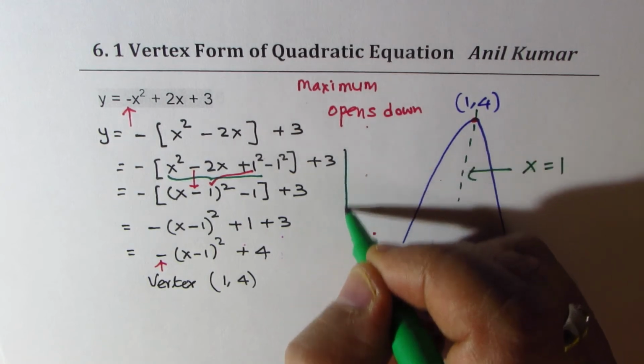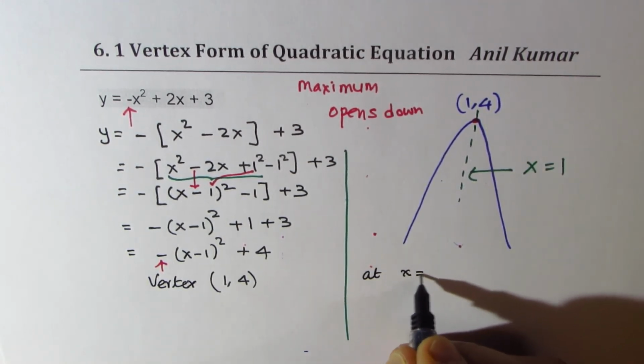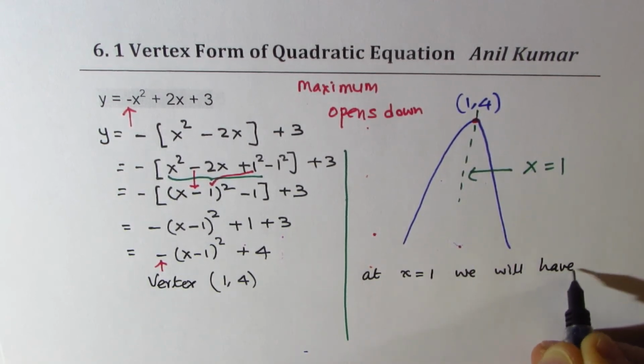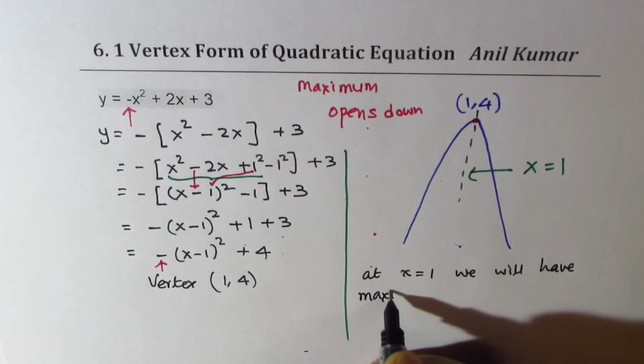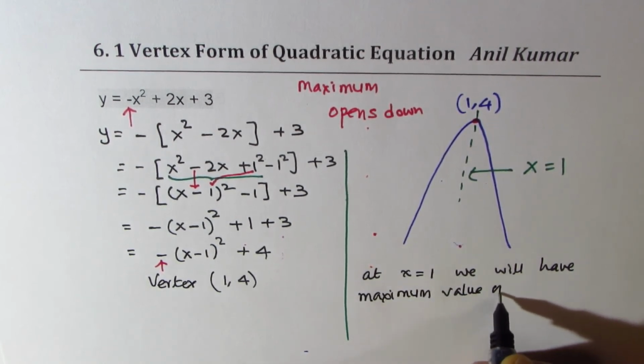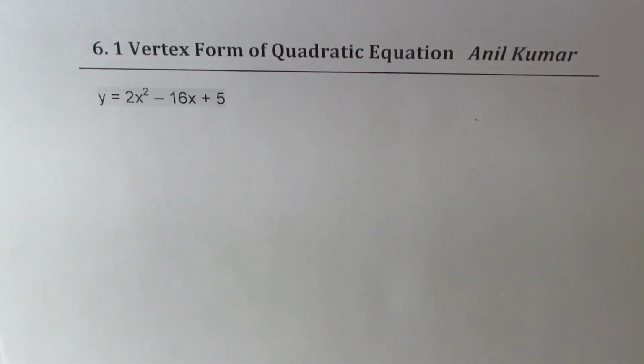So we could actually write here that at x equals 1, we will have a maximum value of 4. So that is the importance of vertex form. You get the maximum or minimum depending on the leading coefficient. The leading coefficient here was negative, so we got the maximum value. Correct? Let's take the last example now.